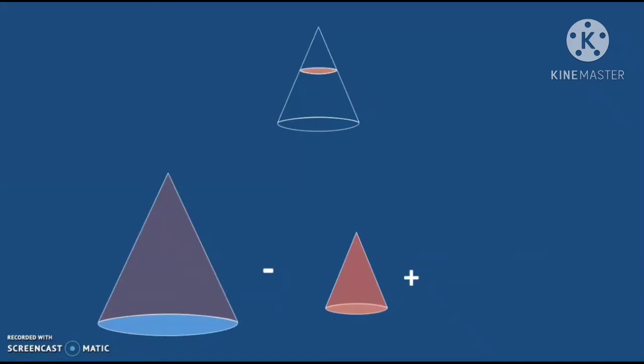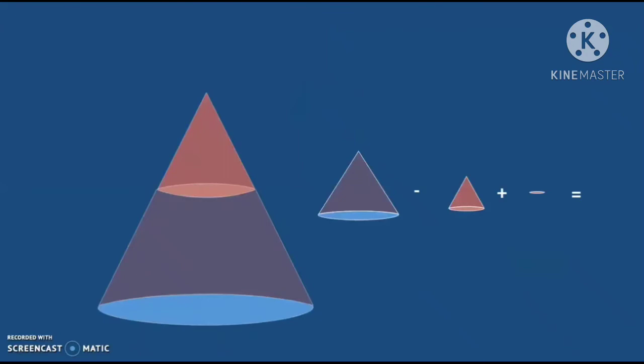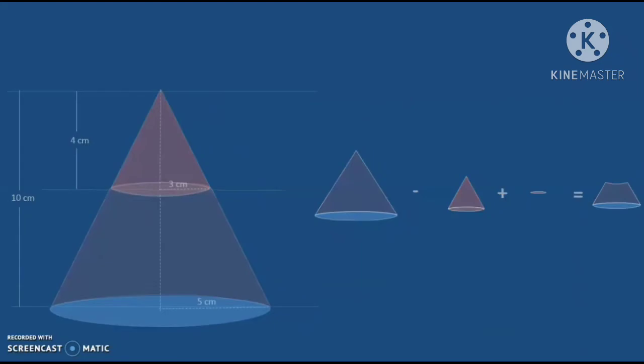This area here can be seen as the base area of the small cone. And as a result, we find the surface area of this part, which was our original objective. So, we have effectively created a general formula for ourselves to find the total area of this section here. So, how do we find the total surface area of the entire cone?